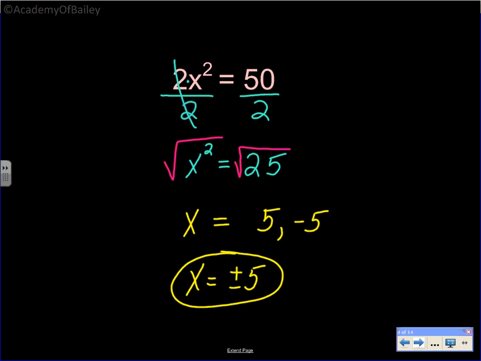And if I take positive 5, plug it in there for x, I'm going to get 50 on the left side. If I take negative 5 and I plug it in there for x, I'm going to get 50 on the left side also. So this is very similar to solving equations like you've done before. The only thing different is the new method of getting x by itself, I guess you're learning here: the opposite of squaring a number is taking the square root of it.